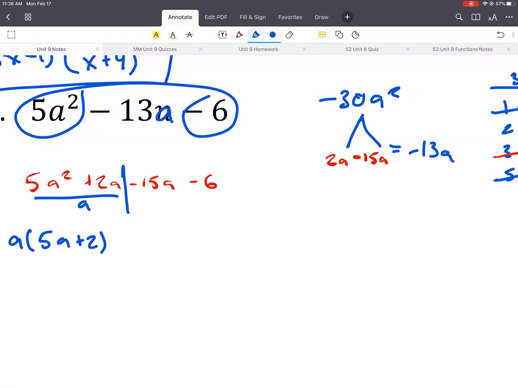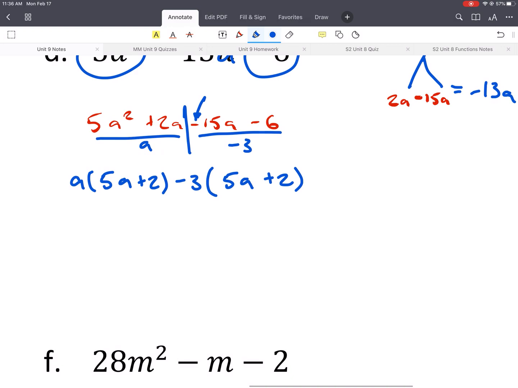And then on the right side, the greatest common factor would have to be negative 3. Again, if we have a leading negative, that comes with it. So we'll divide everything by negative 3. That leaves us with a positive 5a plus 2. Right? And these are the same, so we'll factor those out.